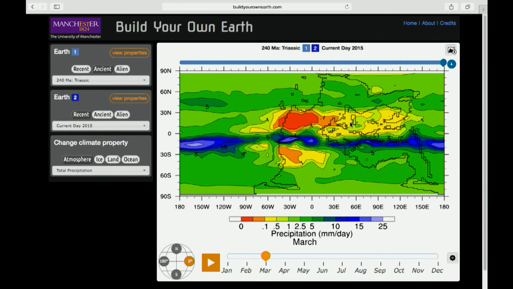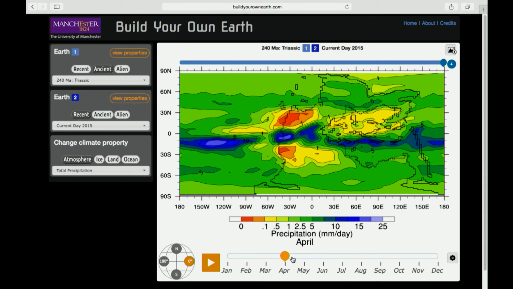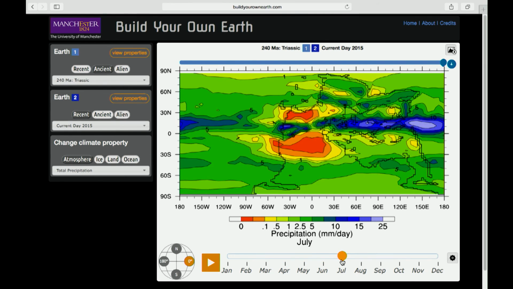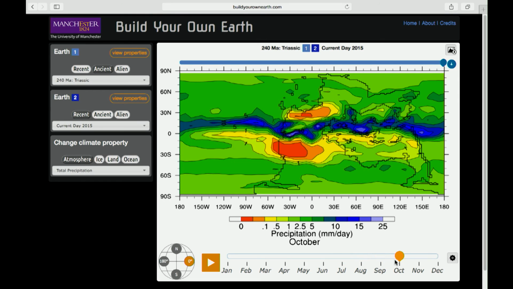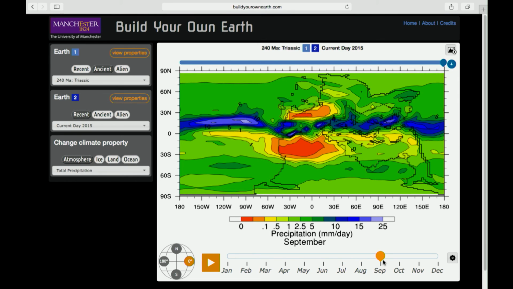A monsoon-like pattern settles in on the northern Tethys Sea, with the months of March, April, and May being almost as dry as the desert areas, and the months of July, August, September, and October being very wet as the intertropical convergence zone moves to the north. These changes in precipitation seasonality would also impact the sea surface temperatures that we have seen before.